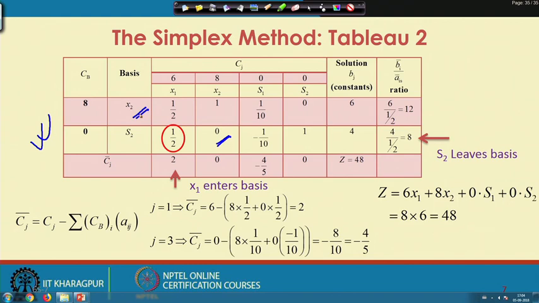So, for basic variables x2 and s2, the relative profit coefficients are 0. So, we now have to find out the relative profit coefficients for non-basic variables x1 and s1.